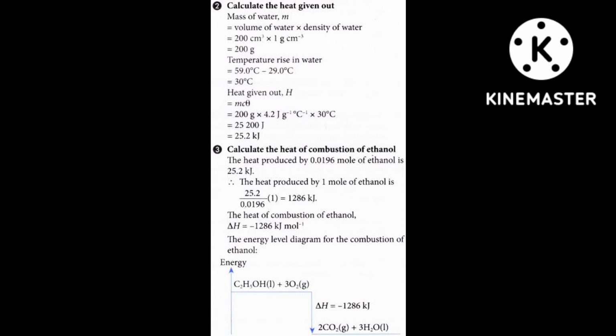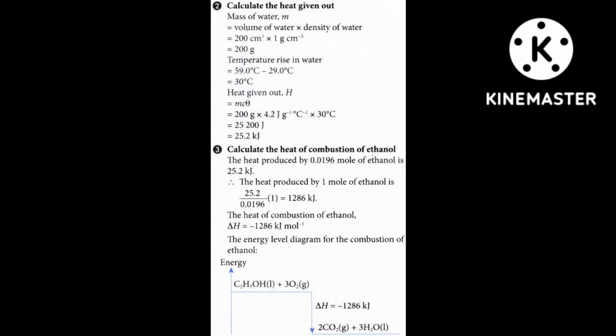What is this value? Minus 393.5 kilojoule. Then what will be the reaction? Already in the last class I discussed this. Carbon dioxide forms from carbon and oxygen.